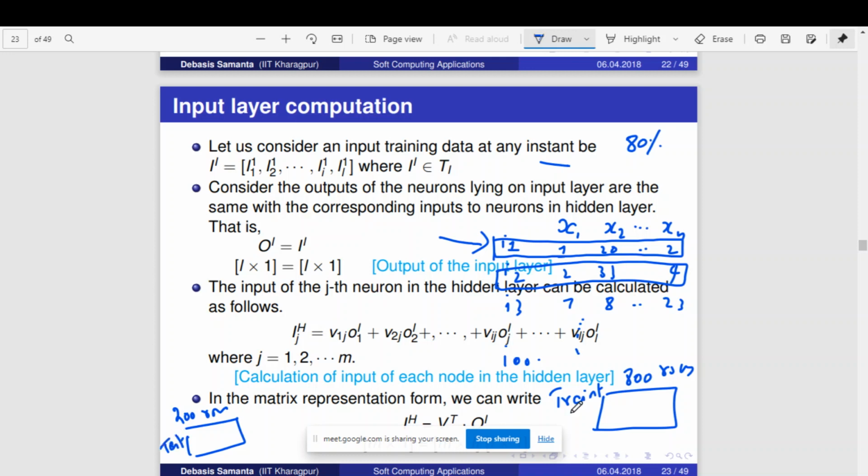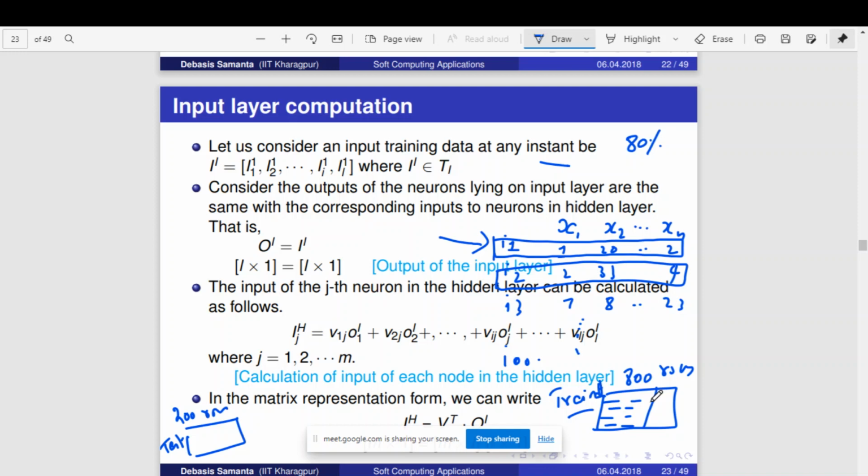Based on this training data only, we will be training the neural network. So when will you stop training? Only when it starts giving good output, then you will stop training. After some point of time, surely this network will give decent output.